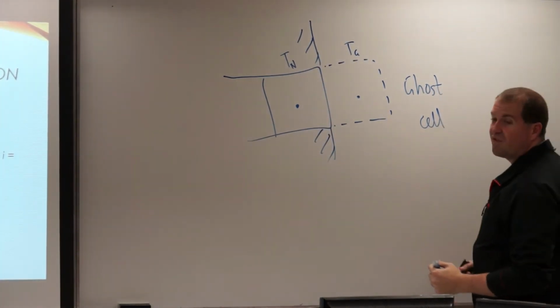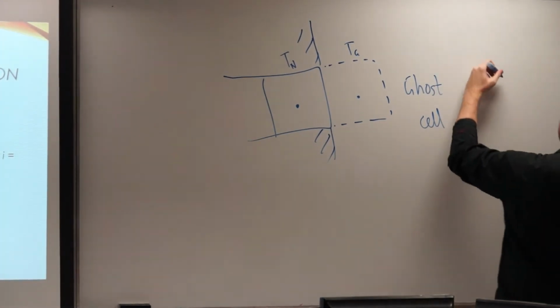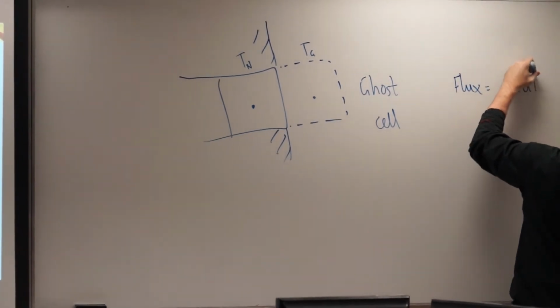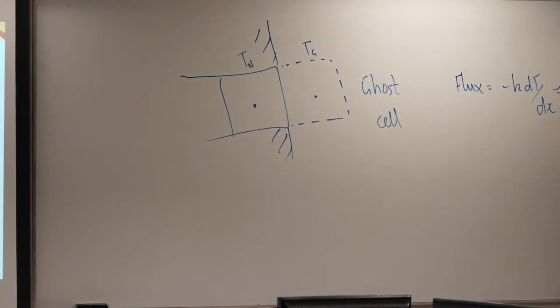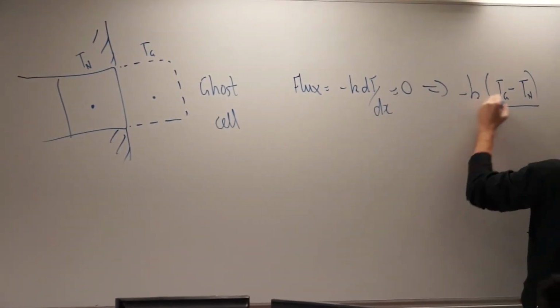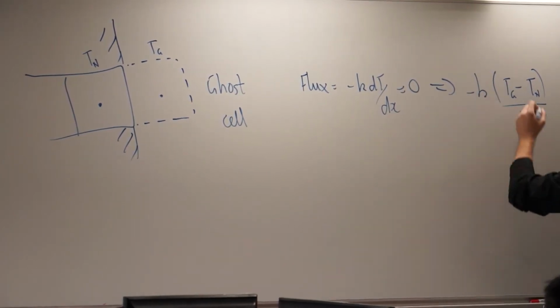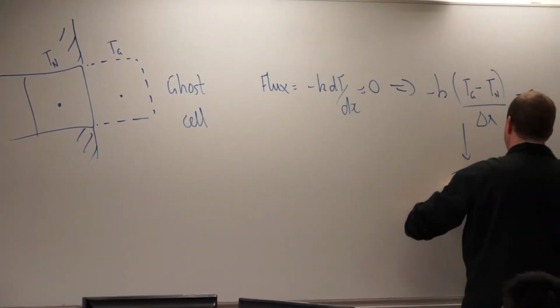If we want the flux of heat to be 0, if we're going to use a Neumann condition, remember the flux is equal to negative k times dT/dx. We want this to be 0, so we have negative k times dT/dx, which is T ghost minus Tn, the inner one, all divided by dx. That's approximately our flux. If we want this to be 0, that means that Tg must be equal to Tn.